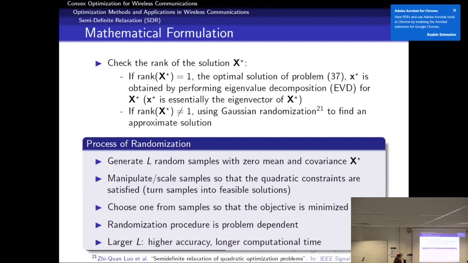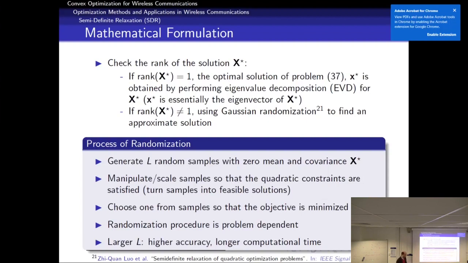So you generate random samples, typically with zero mean and a covariance matrix X. This is obtained from your semi-definite relaxation problem, so this one is coming from CVX. Then you generate many samples, a bit like when you generate MIMO channels. You have a covariance or correlation matrix of the channel, and you generate channels with that correlation matrix. Here you do the same thing.